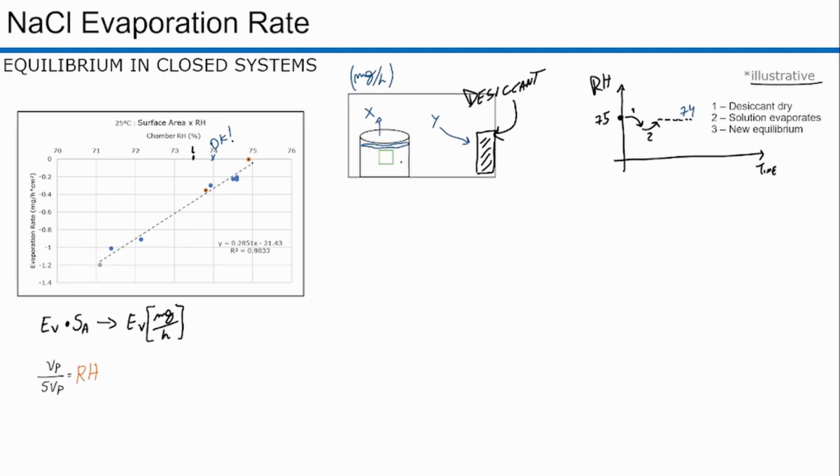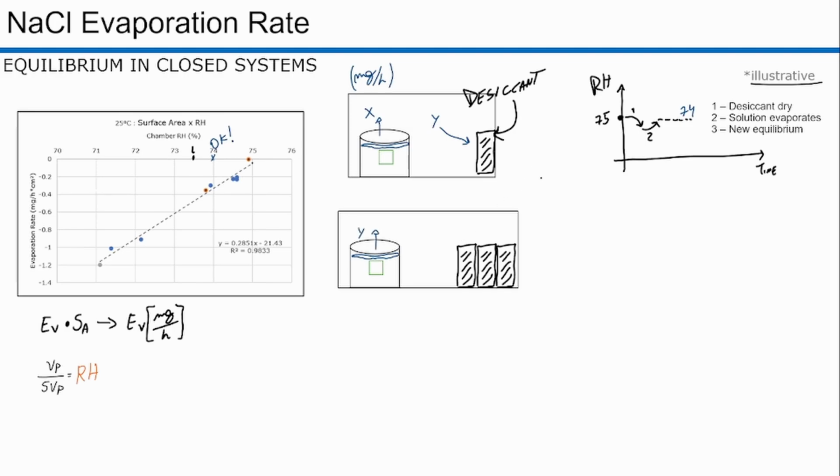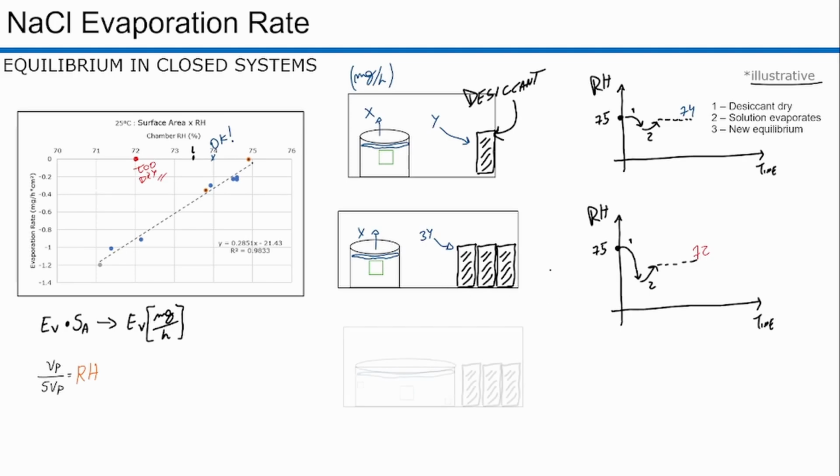Your crystal should grow transparently. But let's say you have 3 times more desiccant, meaning that now you're drying the air three times faster. So in this case, your condition from the equilibrium will fall very rapidly, and your solution will rebound and find a new equilibrium, let's say around 72%. That's just too dry. The solution will evaporate too fast, and your crystal probably will lose quality.